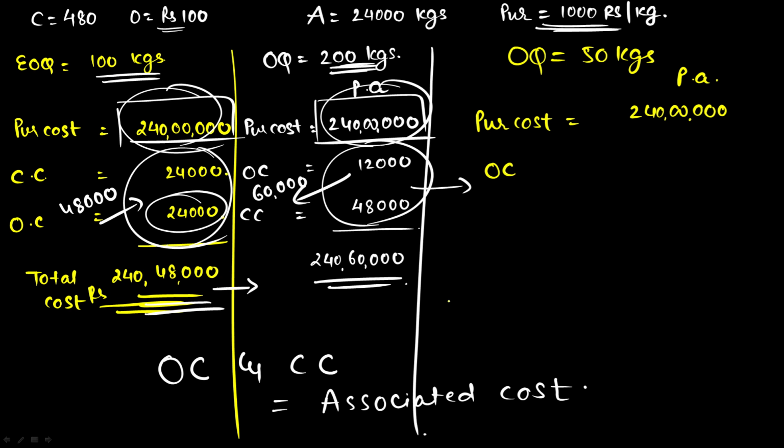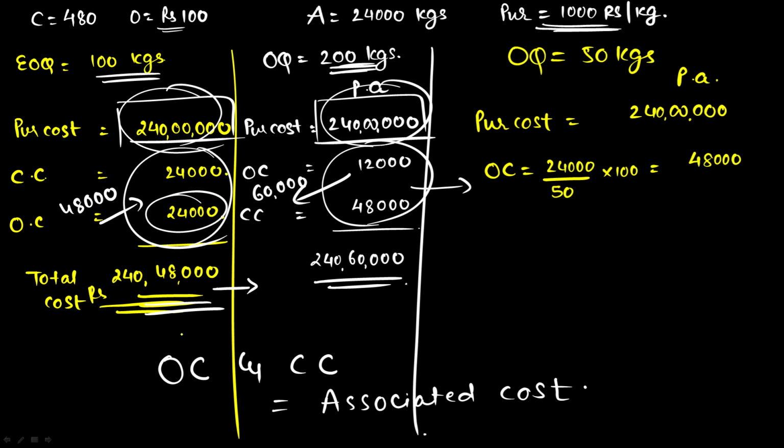Ordering cost: now I am using the formula. 24,000 divided by 50, I will get the number of orders, multiplied by 100. 48,000. Ordering cost has increased. It will increase because my number of orders has increased.